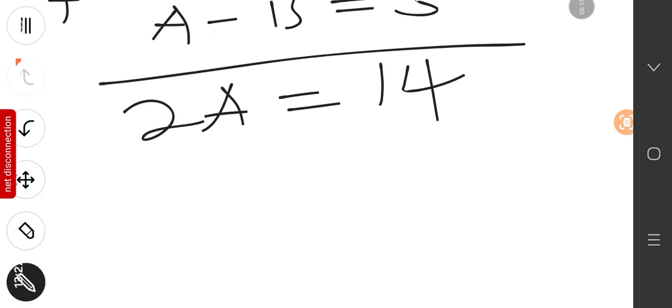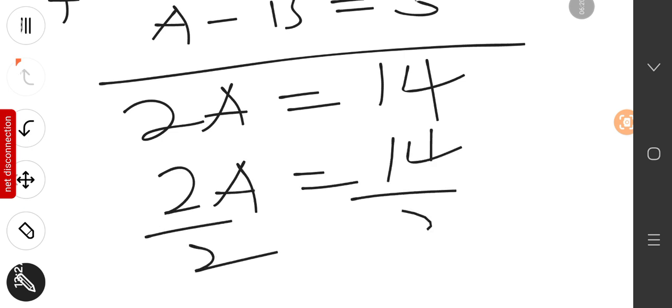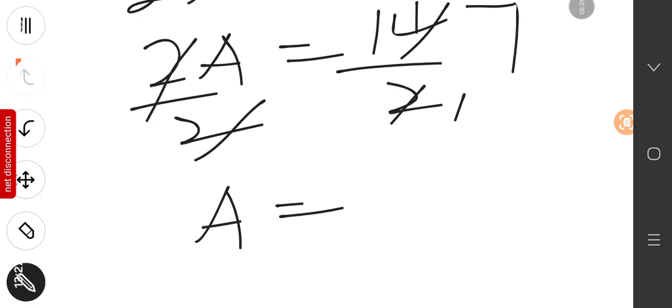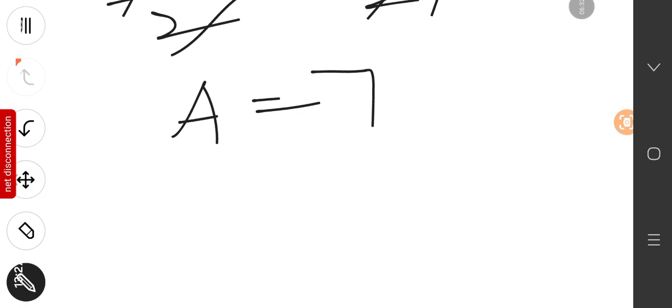Let's divide both sides by 2. So a equals 7.